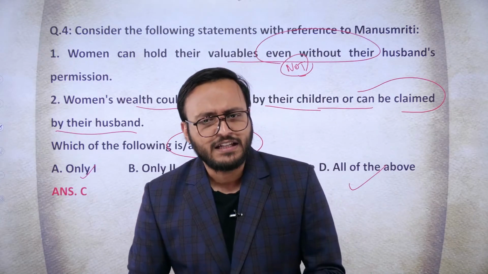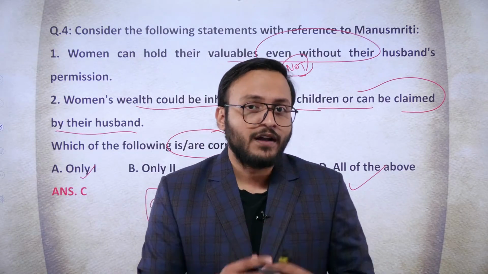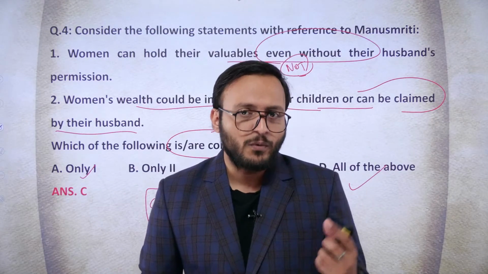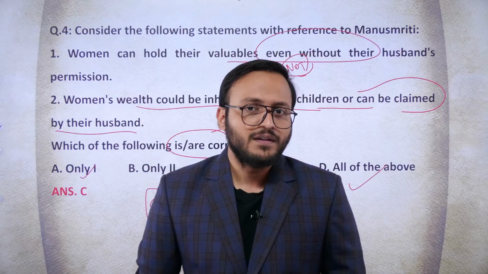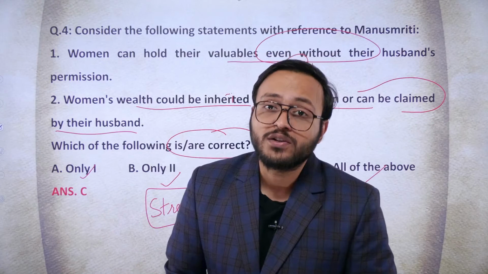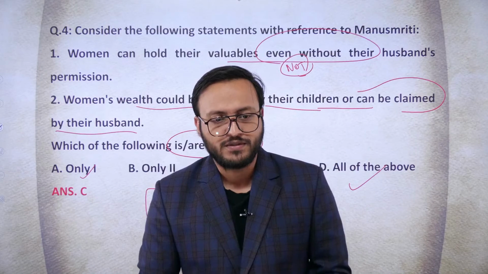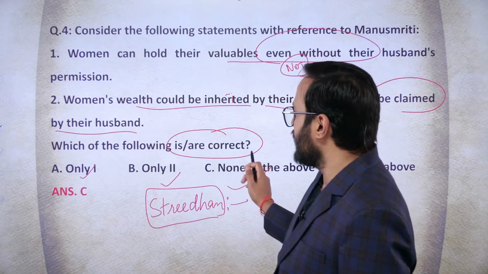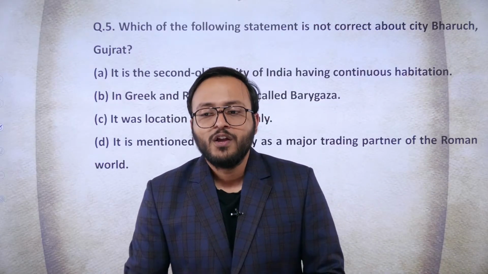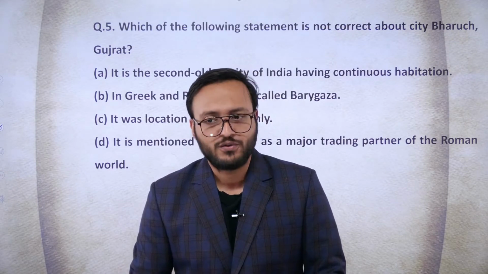You might be aware that even in rural areas, even nowadays, whenever there is the death of the elderly lady in the house, the jewelries, or whatever wealth that lady has, the Stridhan, is transferred to the daughters or to the daughters-in-law as per the tradition. So that is what I mean to say. That's why we can say that none of these statements are correct. Now, which of the following statements is not correct about the city Bharuch in Gujarat?